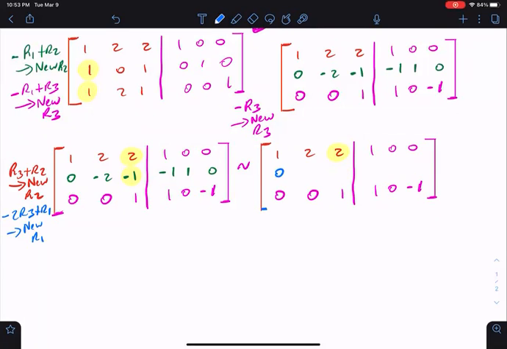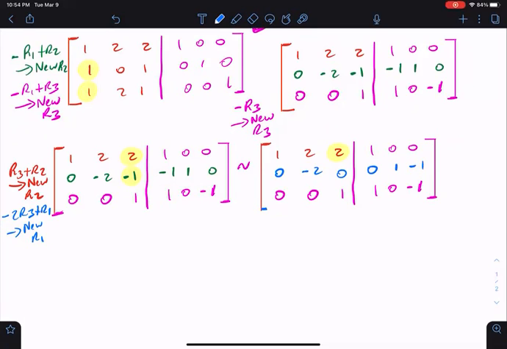Row 3 plus negative 2, sorry, basically we add row 3 plus row 2. So 0 plus 0 is 0. 0 and negative 2 gives you negative 2. 1 and negative 1 gives you 0. 1 and negative 1 gives you 0. 1 and 1 gives you 1. Negative 1 and 0 gives you negative 1. So we accomplish that. Now, we can leave that division at the end for row 2.